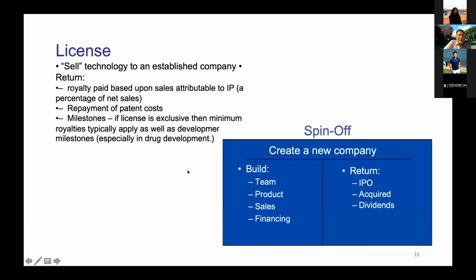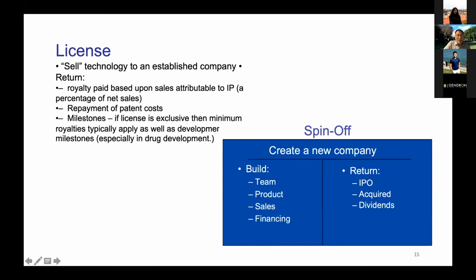So when we talk about the license, first, basically it's selling technology to an established company. And the return is mainly royalty paid based upon sales attributable to IP, a percentage of net sales, or also could be repayment of patent cost.